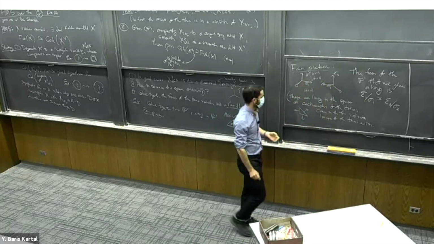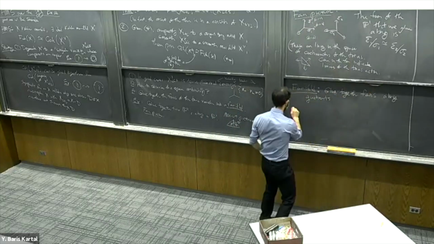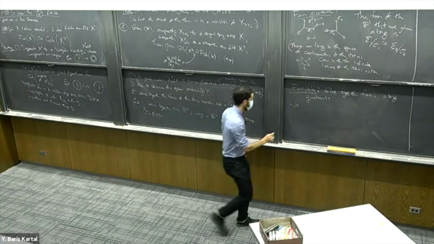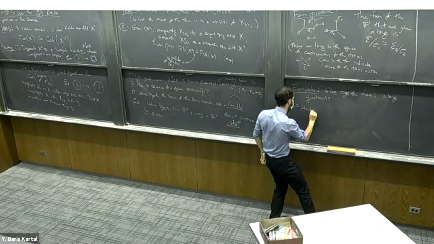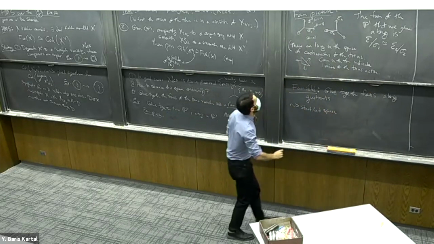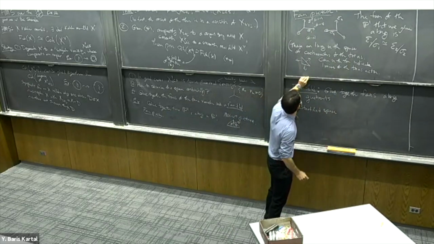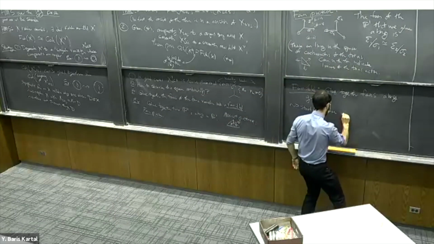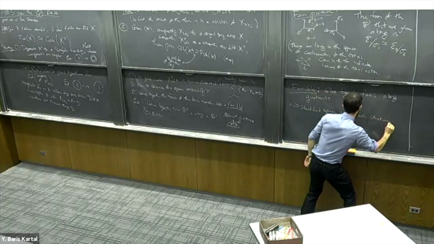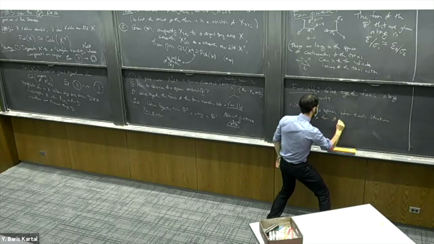So in other words, the result of this construction is a stratified space where each stratum has a fan of normal directions.